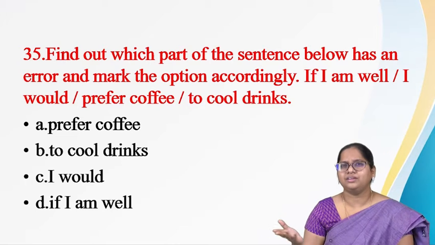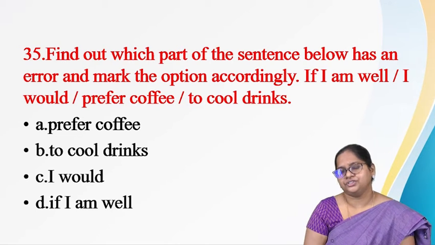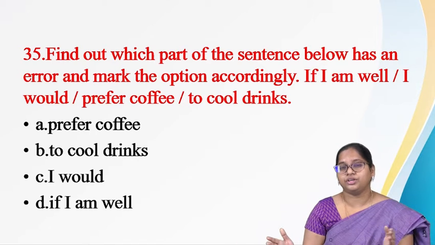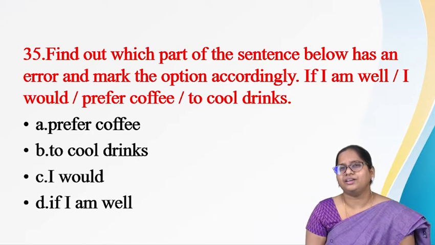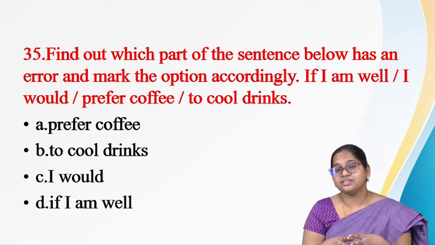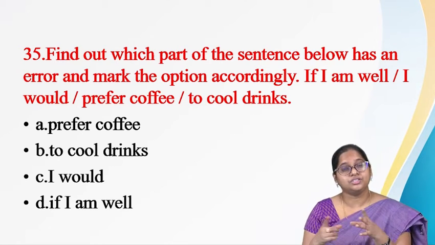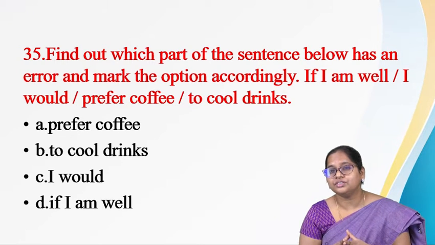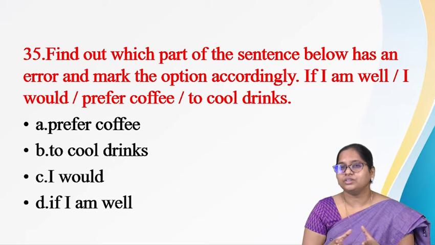If I'm unwell, you're using a conditional there. If I'm not there, you can take over the work. If I'm not there, you can do this. So you're using a conditional. There's nothing wrong. If you can think a little deeper, you can see an element of verbal analogy here. So what is this verbal or word analogy? If you can understand that, then you can connect the words given.